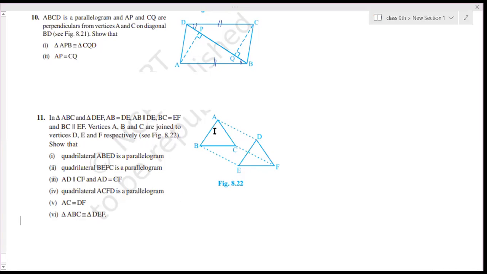Right. Now check ABED. This is one quadrilateral in which they have already given AB and DE. AB and DE are parallel also and equal also. In a quadrilateral, if one pair is parallel as well as equal, then it is a parallelogram. So therefore, ABED is a parallelogram. And if it is a parallelogram, then the remaining two sides are also parallel as well as equal.